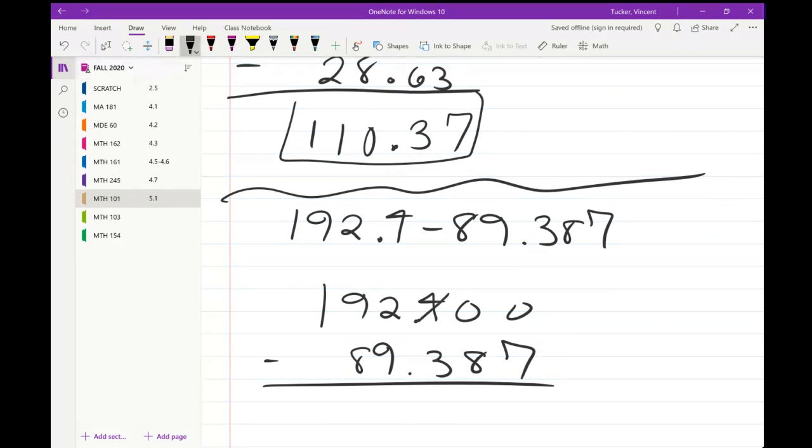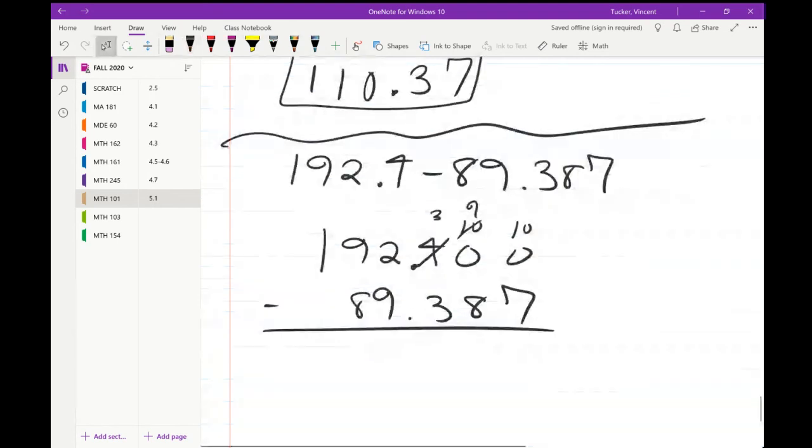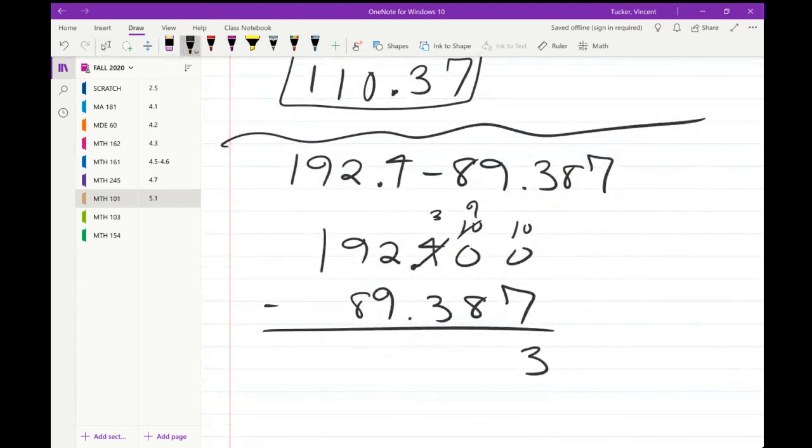This 4 goes to 3. Gives me 10 back here. So now I can borrow from that 10 that goes to 9. And that'll give me 10 in my final digit. So now I can do 10 minus 7, which is 3. 9 minus 8 is 1. 3 minus 3 is 0. Put your decimal place.